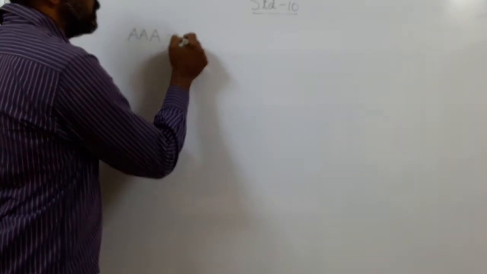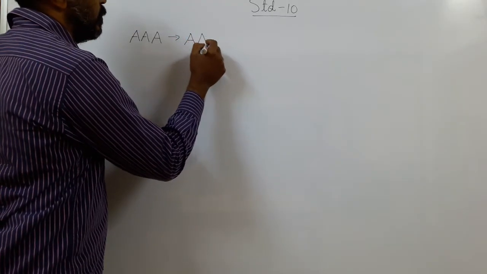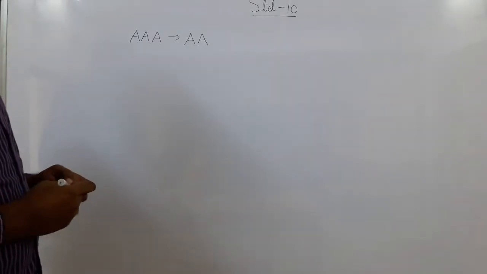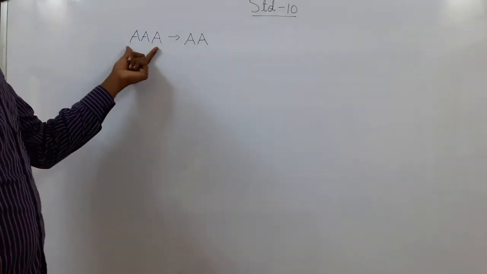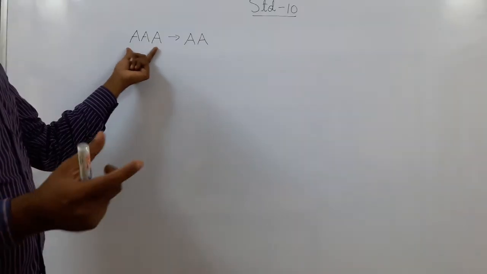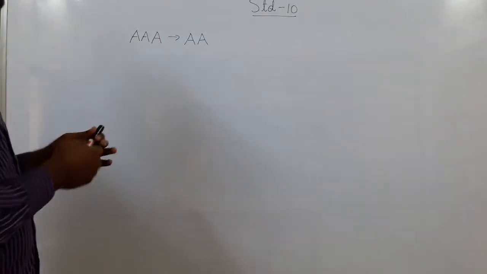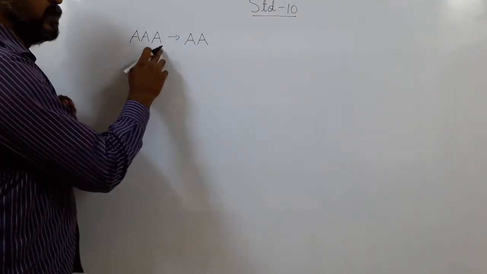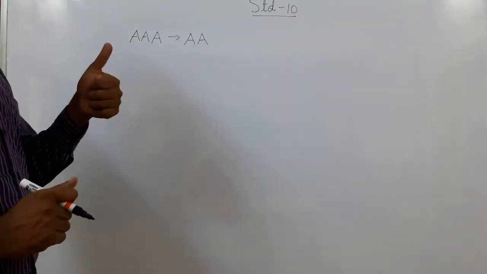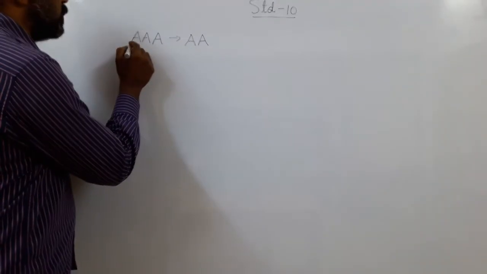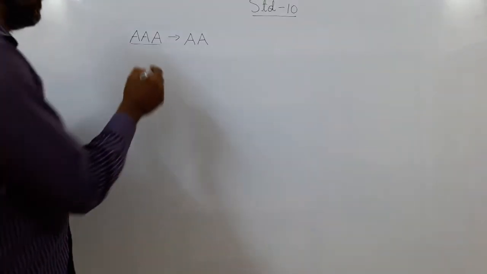This was broken down to the AA criterion, with the help of the angle sum property of triangles. The sum of three angles is always 180. So if in two triangles two angles are equal, automatically the third one will be equal. That was the first condition: if the angles are equal, the triangles are similar. So this condition 1 is independent by itself.